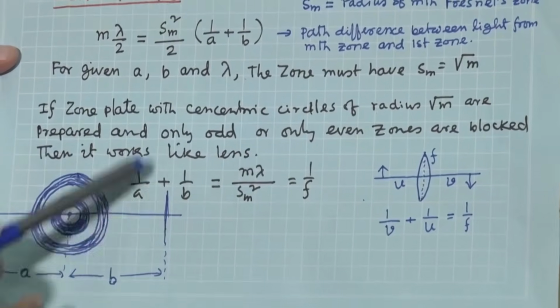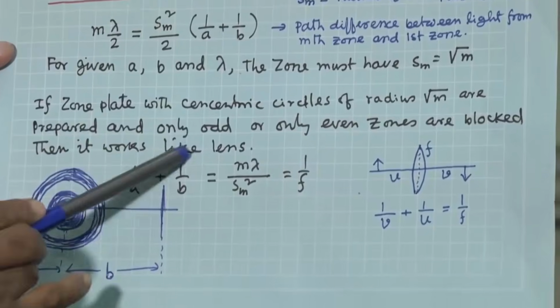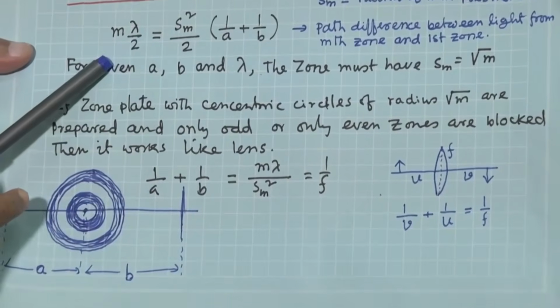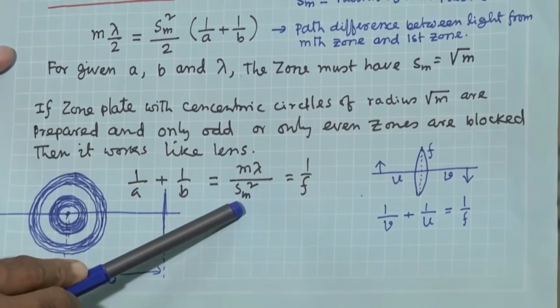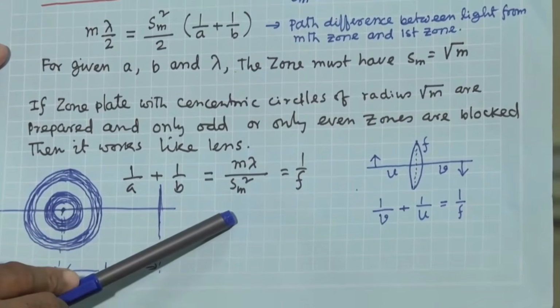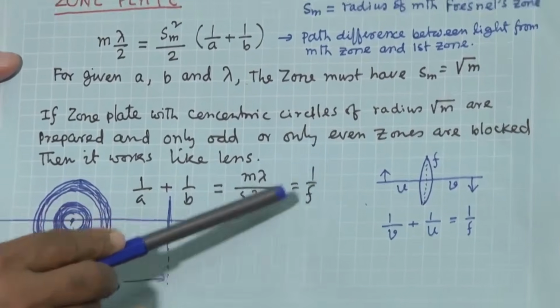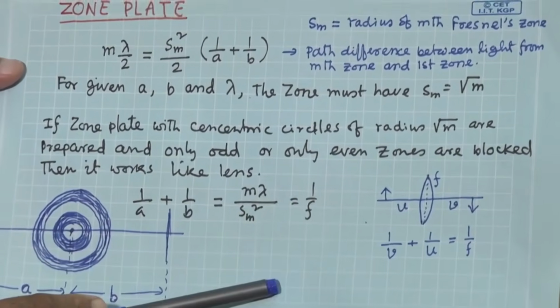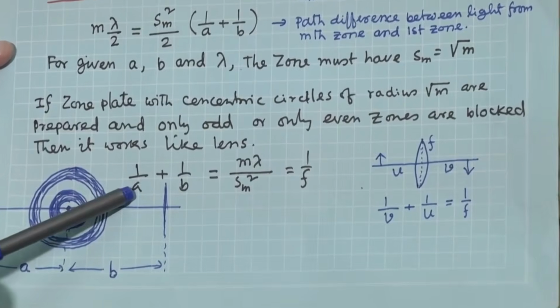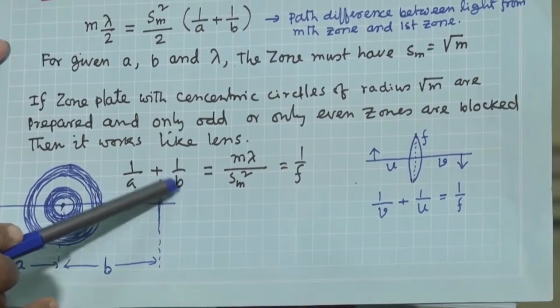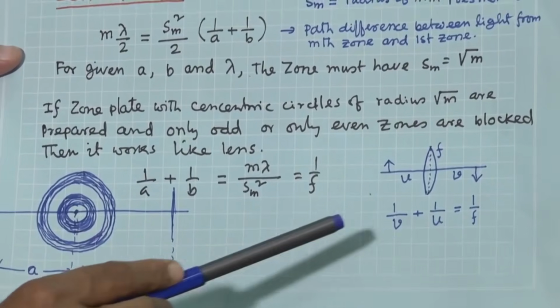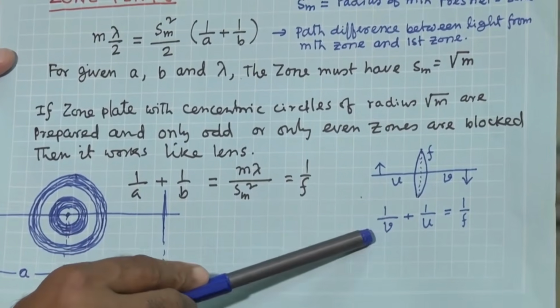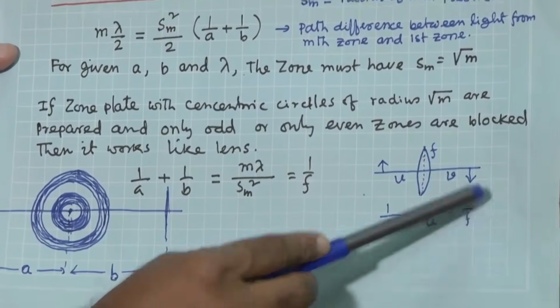Then it works like a lens, because 1/a plus 1/b equals m lambda by S_m squared, the radius squared. You can think of this as 1/f. So this is the source and screen distance, just like a source distance u and screen distance v, the image distance, equal to 1/f.